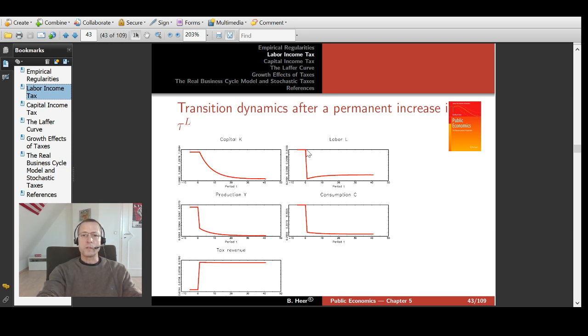The labor stock is a jump variable, so it undershoots its long run value and then increases to its new steady state value from below, while consumption jumps down and converges to its new steady state value from above.